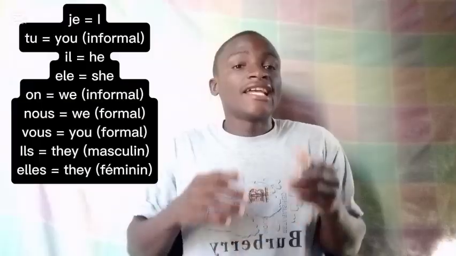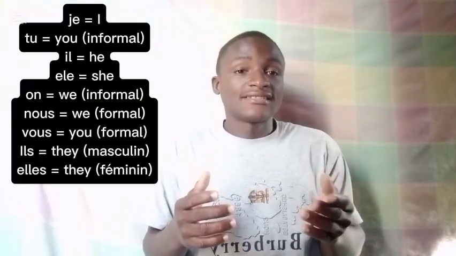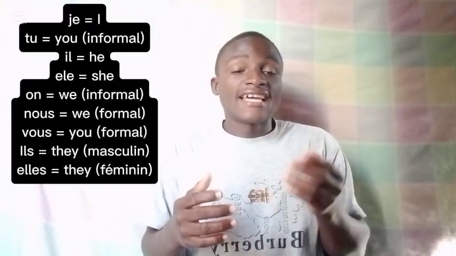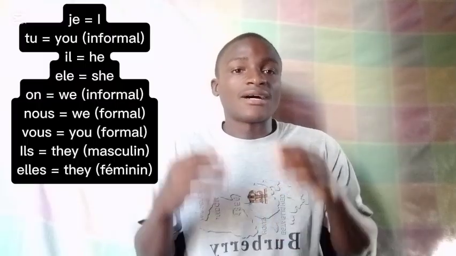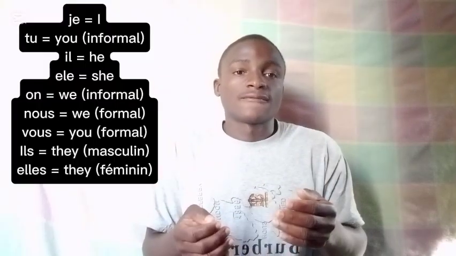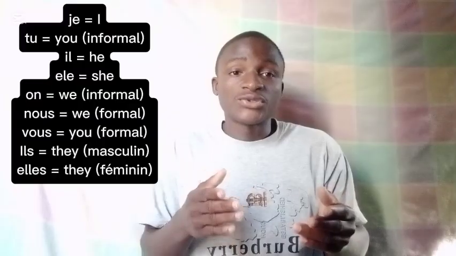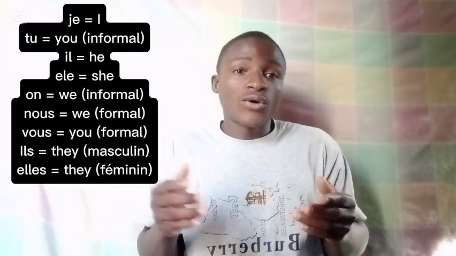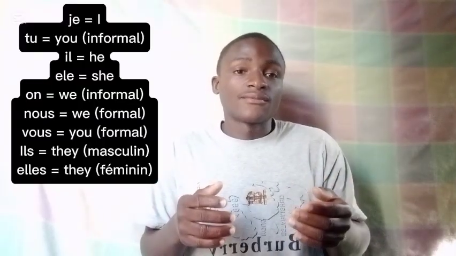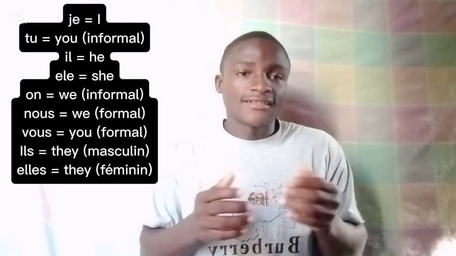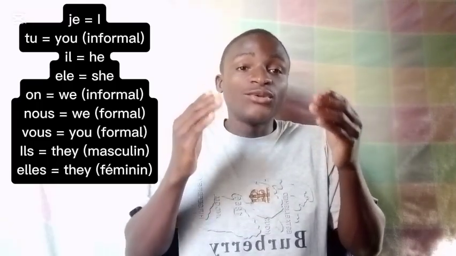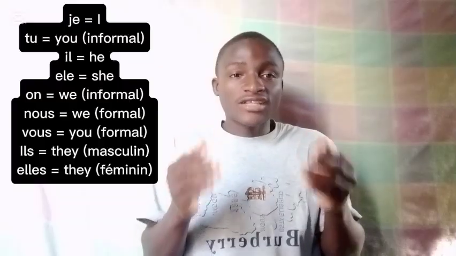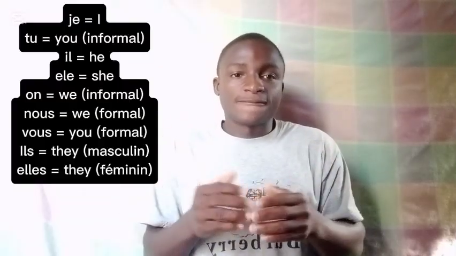So when I say ils, I just said he, and I just said they, masculine words. How will we know that we're talking about him or they? Context. Context is what will make you know that we are talking about him or they.